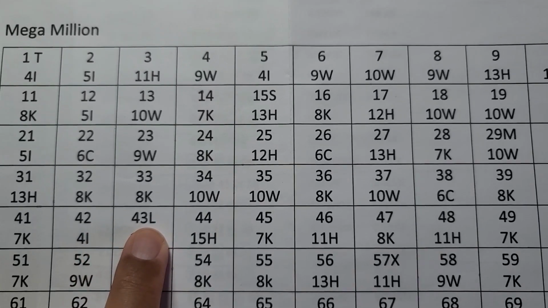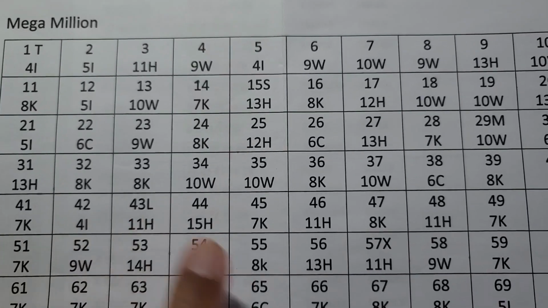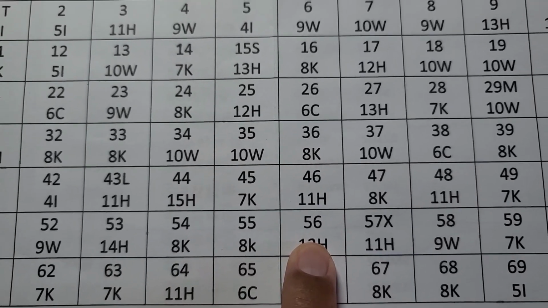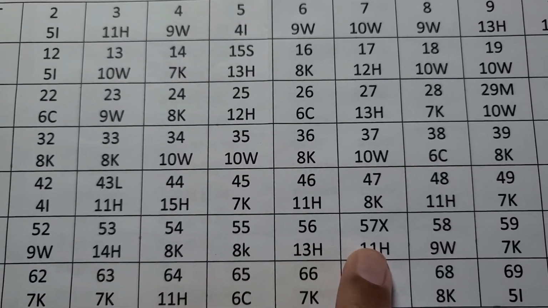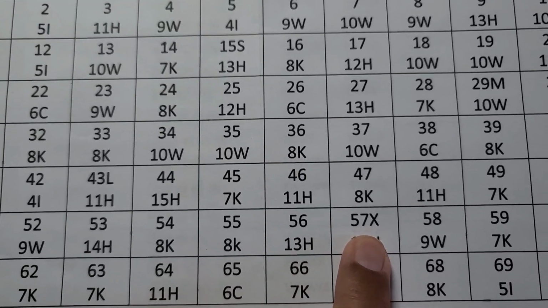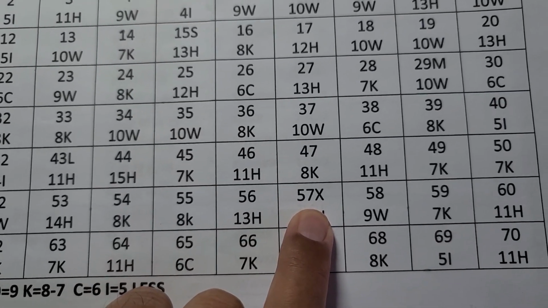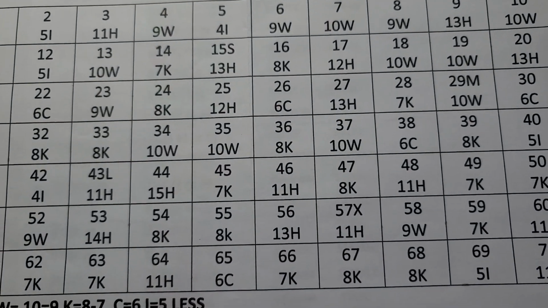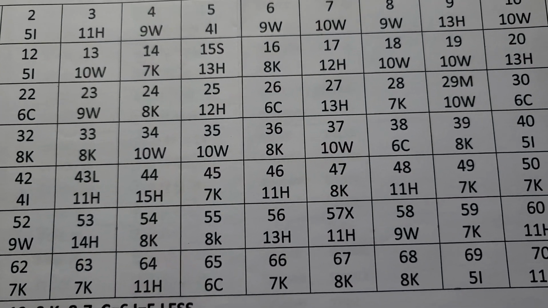And then from 43 to 56 is my large numbers. And then extra large is from 57 to 70. Okay, so that's the first thing. Divided it up, and you have chunks of 14s.